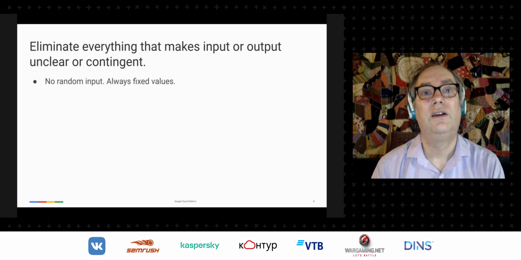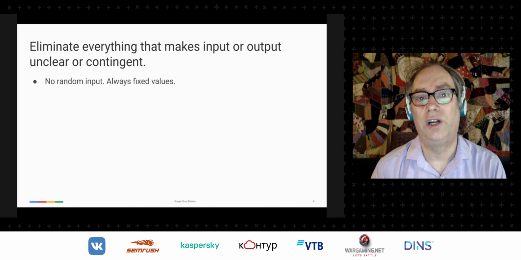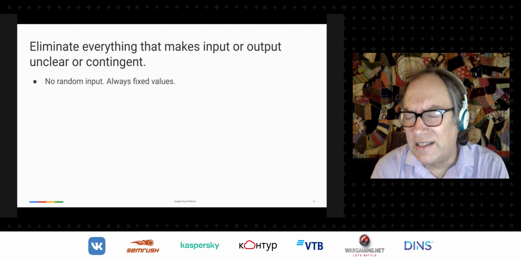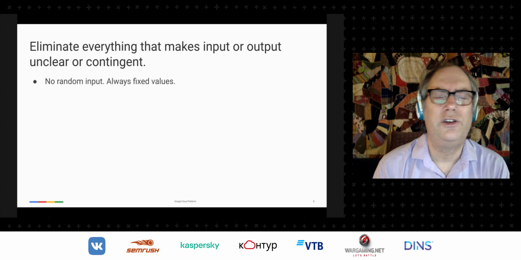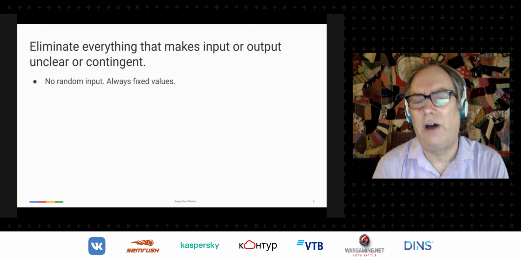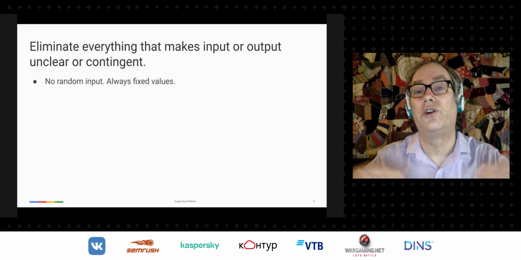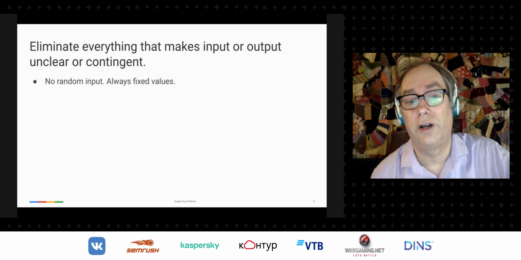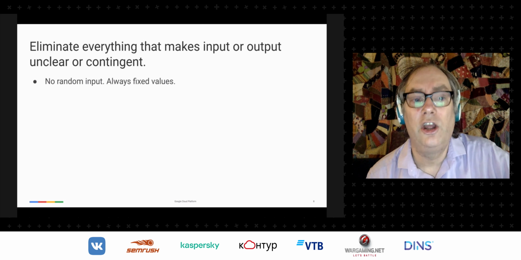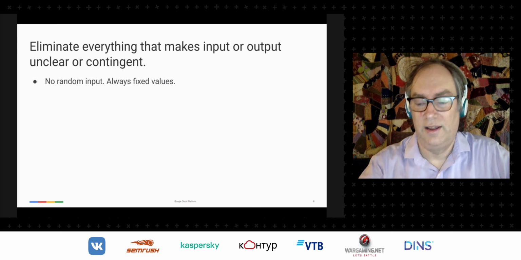So, for example, never use random input in any sort of automated test. You might use that in fuzz testing. You can use that sometimes in exploratory testing, to try and wash out parts of the system where you haven't looked. But if you do that, you need to be very careful about saving your input so you can use the exact same input in the future and reproduce it. For unit testing, for integration testing, you should always have fixed input values.